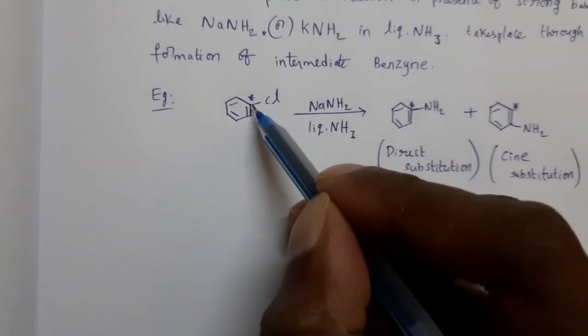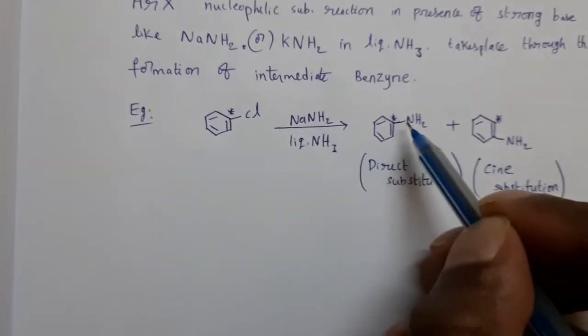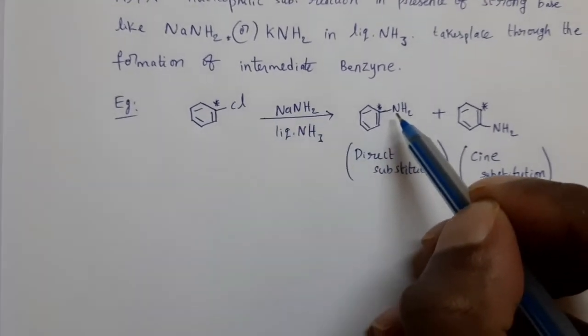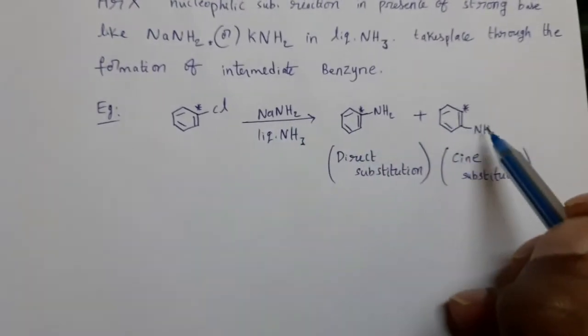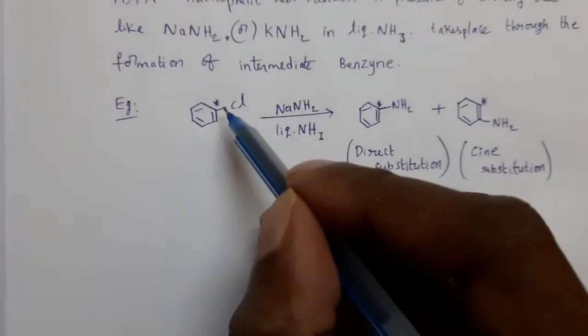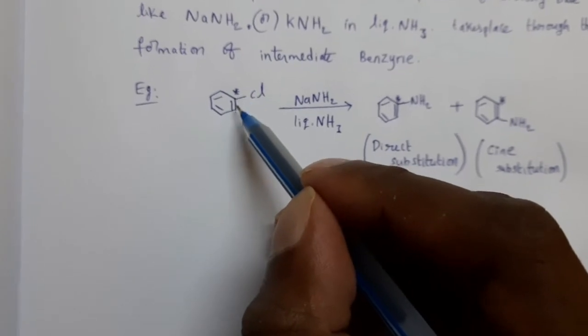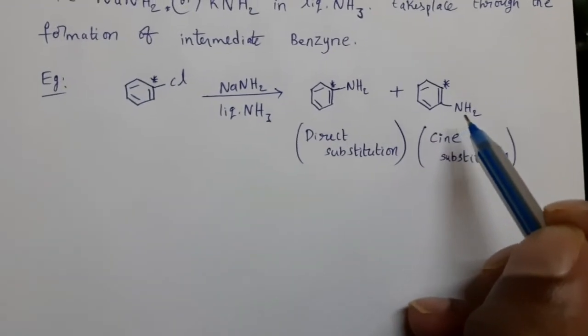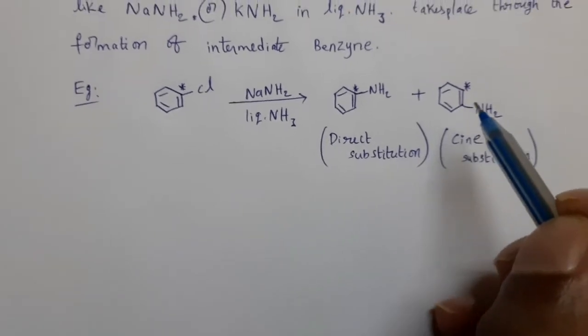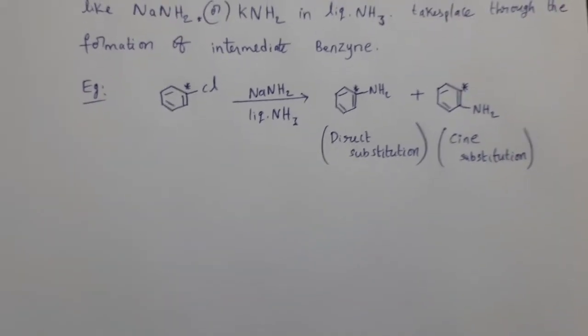So at this position, NH2 group is substituted. That product is direct substitution. Or if NH2 is substituted at the atom adjacent to this carbon atom, that means here, then we get this one. This is cine substitution. So from this, we can define cine substitution reaction.